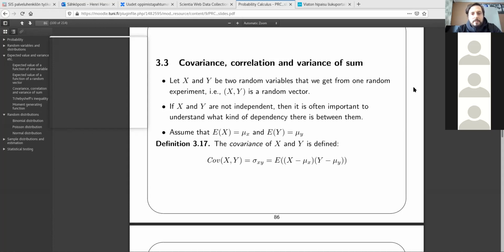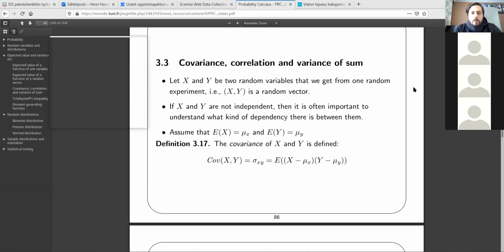We defined it as the expected value of, whenever we make a random experiment that reveals one particular instance of this random vector xy, the product of the deviations, how they relate to their respective expected values.